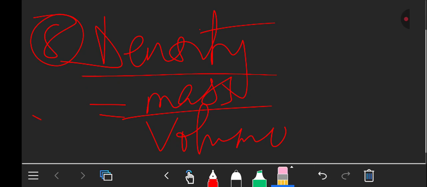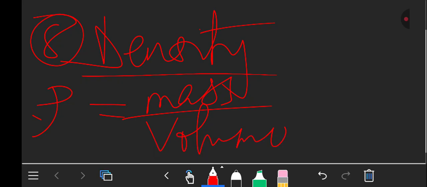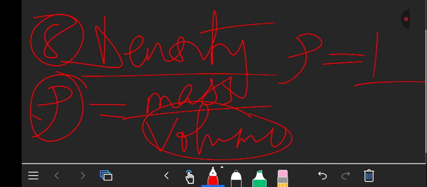Actually, the symbol for density is rho. So density is simply the mass over volume. And let's look at the relationship between density and volume. So the relationship is that density is inversely proportional to volume. When density increases, volume decreases. And when density reduces, volume increases.